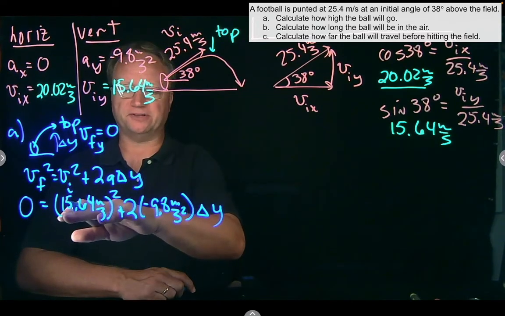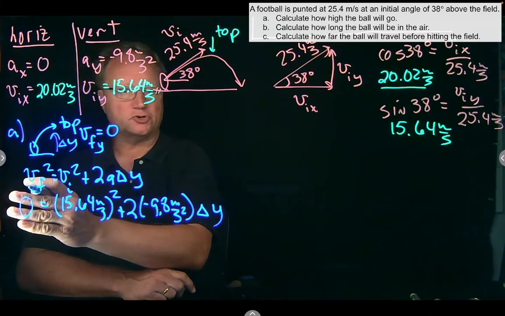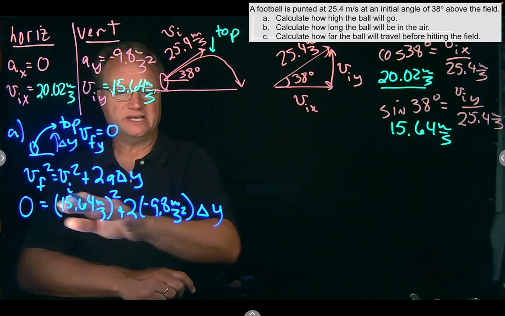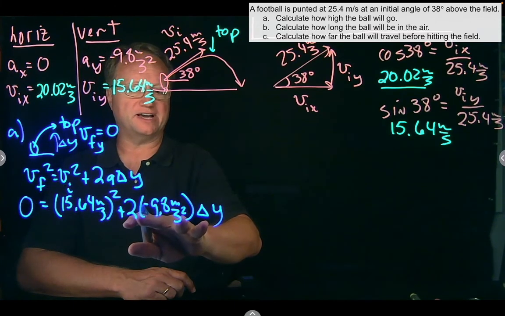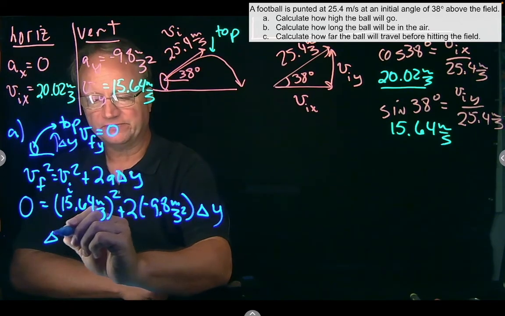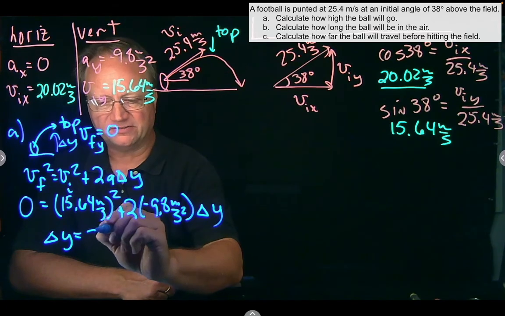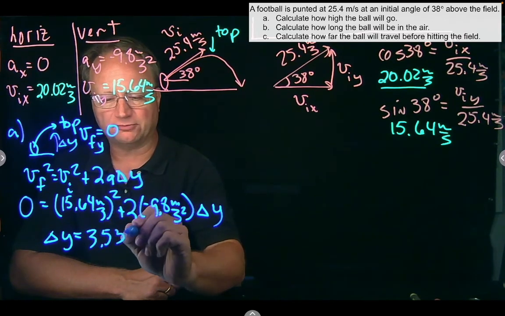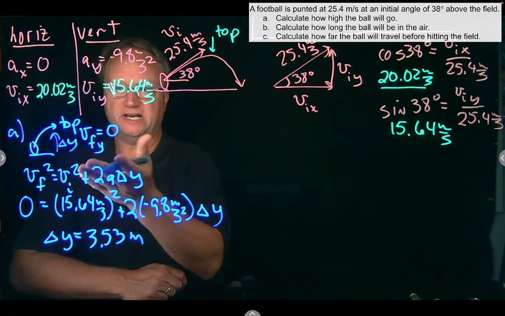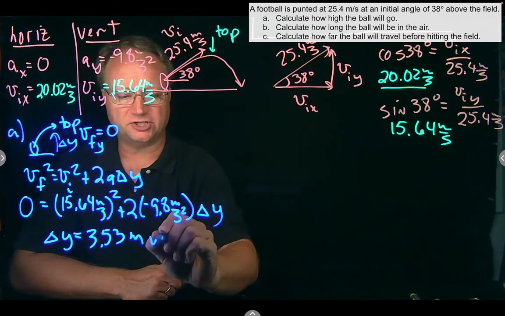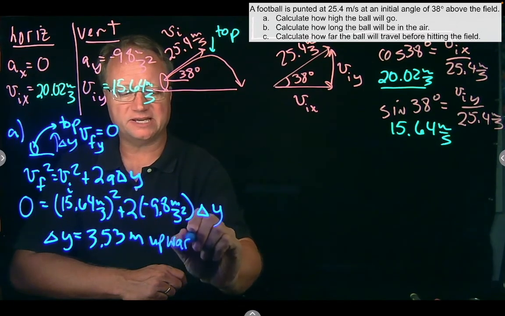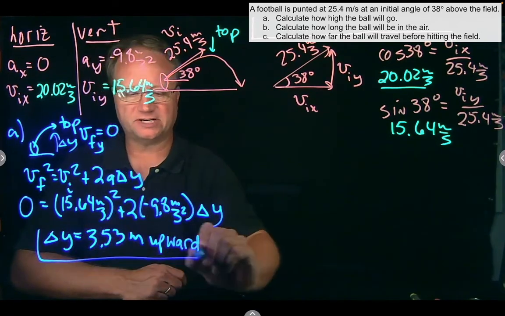So then square the 15.64, subtract it to the other side, and then divide it by the 2 and divide it by the negative 9.8. That's going to give us a delta y value of 3.53 meters. And we can tell by the situation that this is going to be in an upward direction.